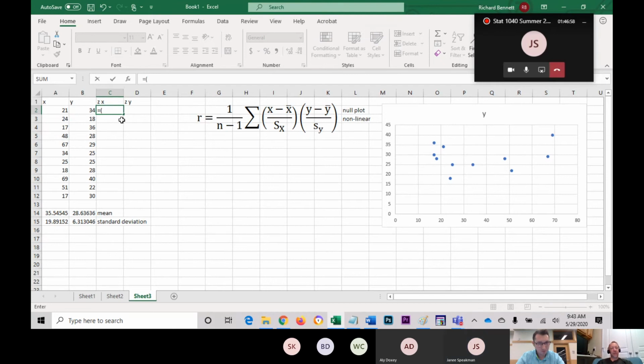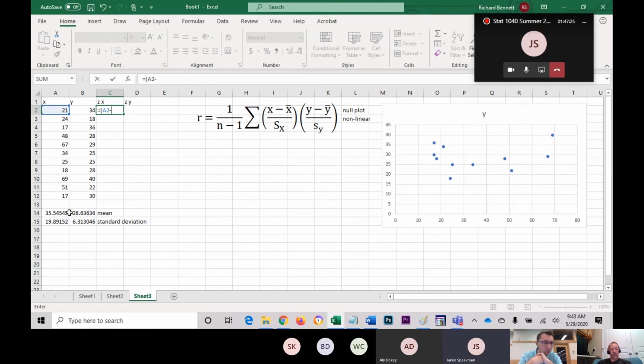Yeah. So the first one I'm going to click on is what? What's the X in this case? Would it be the 21? The 21. I'm going to subtract from the 34?